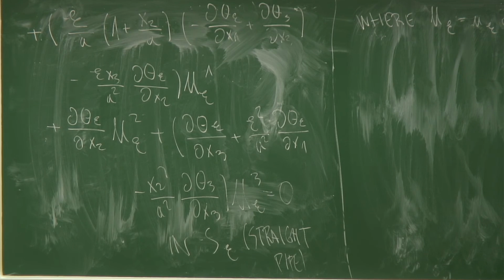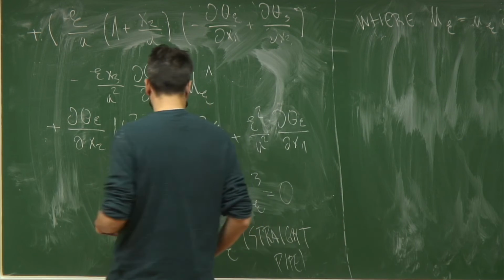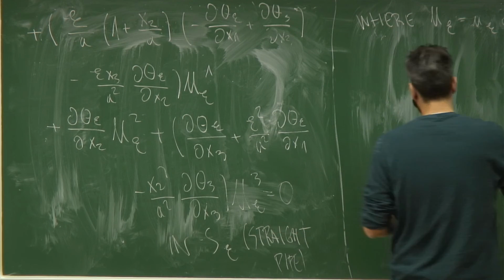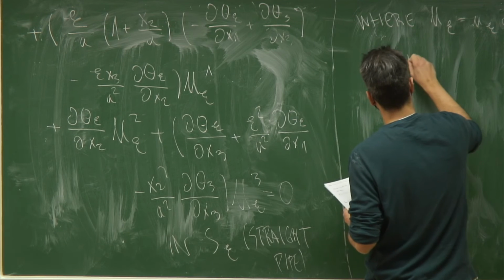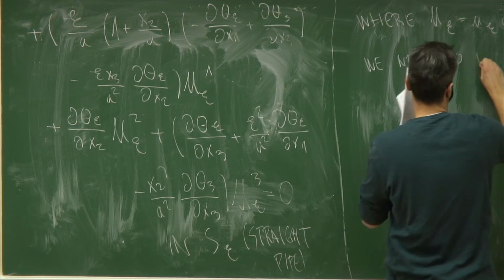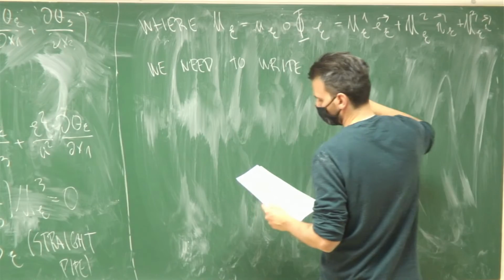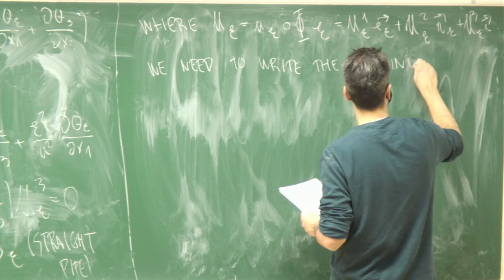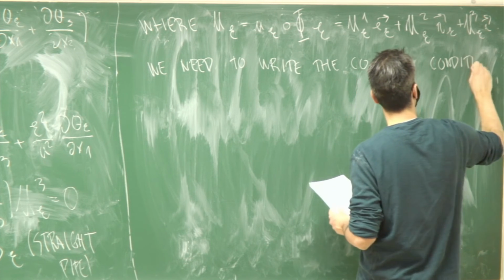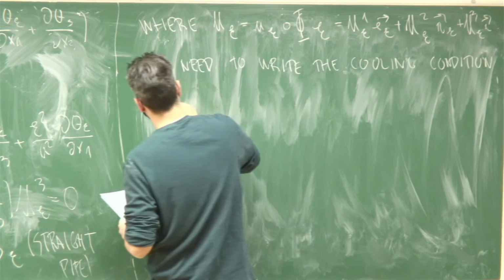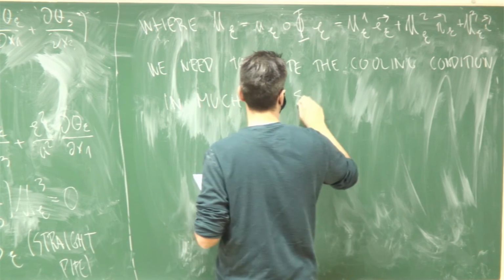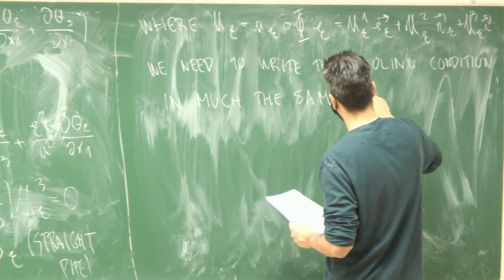Okay, so in order to somehow fully set your problem, you need to transfer the boundary conditions, the cooling condition, to this straight pipe setting also. So we need to write the cooling condition in much the same way.